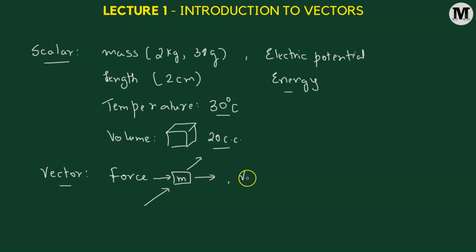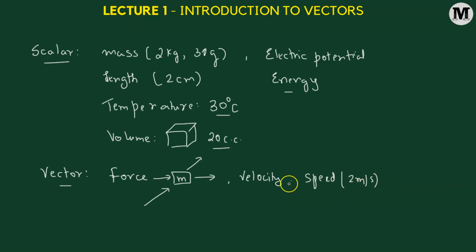Then we could have velocity. Velocity is a vector quantity because it has got magnitude and it has got a direction as well. And one example is speed. Let's say we consider speed. Speed is a scalar quantity because when we say that the speed of an object is 2 meters per second, that means it's moving with a speed of 2 meters every 1 second.